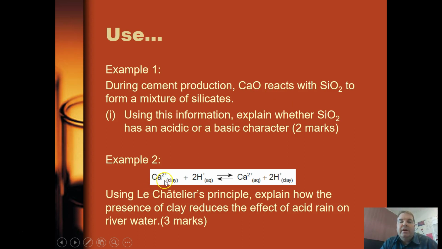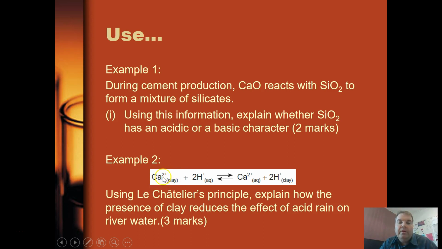This one here, calcium ions and hydrogen ions. So this is the equation, the equilibrium in soils when you've got acid rain coming in, for example. So using Le Chatelier's principle, explain how the presence of clay reduces the effect of acid rain on river water. Okay, so up here you would say the presence of clay.